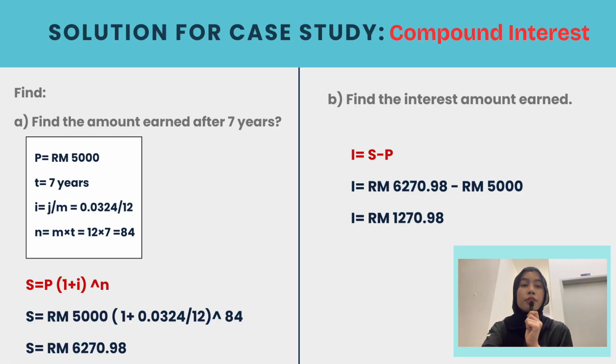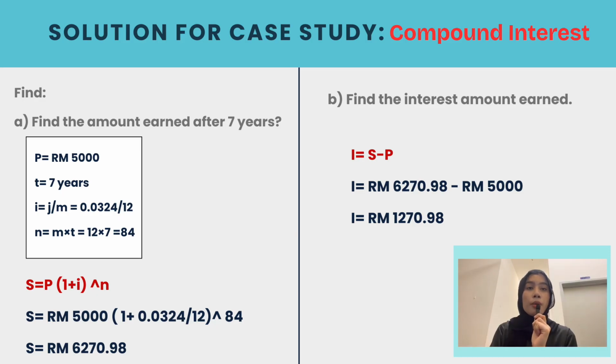Now let's solve the first question together, which requires us to find the amount earned after 7 years. To solve this, we will use the formula S equals P times 1 plus I to the power of n. From the case study, we already have a few important pieces of information: P is equal to RM5,000, T is equal to 7 years, I equals J over M, which is 0.0324 over 12, and n is equal to M times T, which is 12 times 7 equals 84.